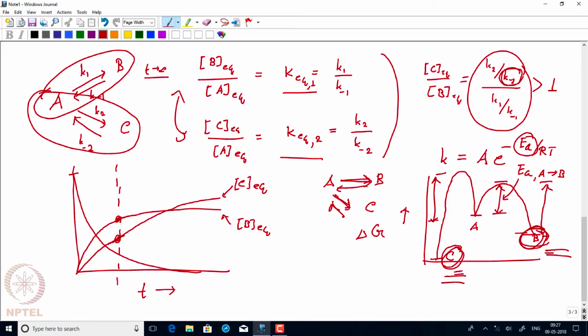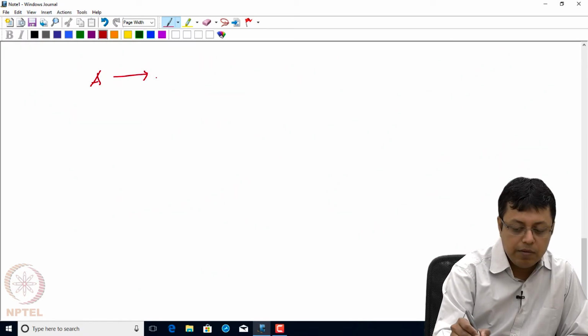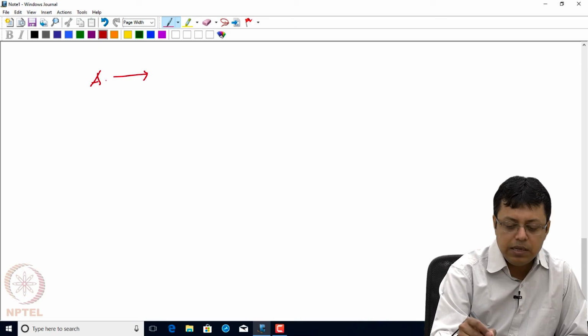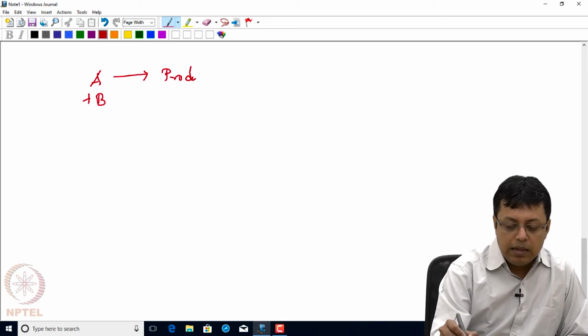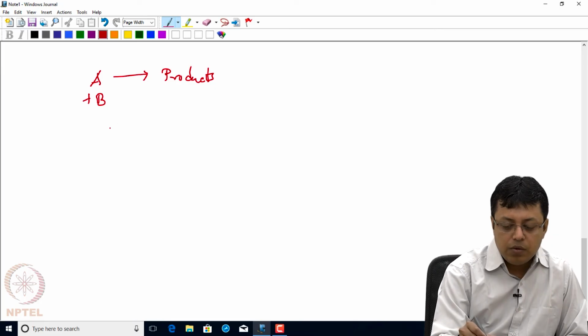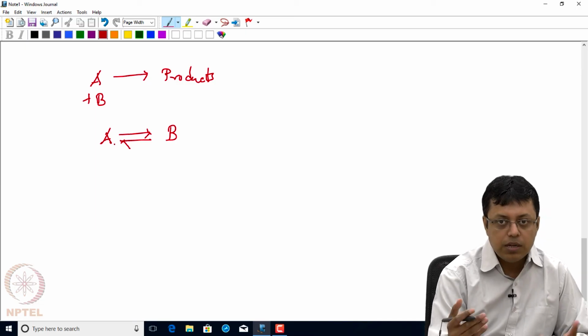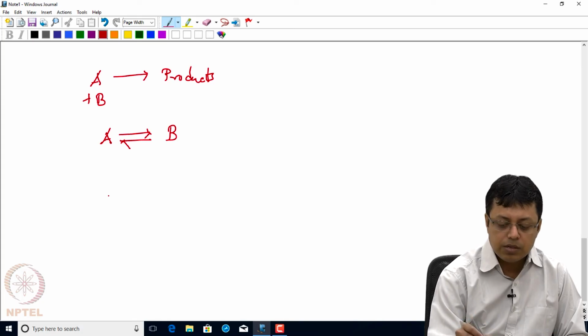So far, whatever we just explained, was an irreversible reaction, A plus B going to product, something like that. And then we said, instead of irreversibility, what happens if we include reversibility of the reactions? And we saw how the ratios reach the equilibrium concentrations.